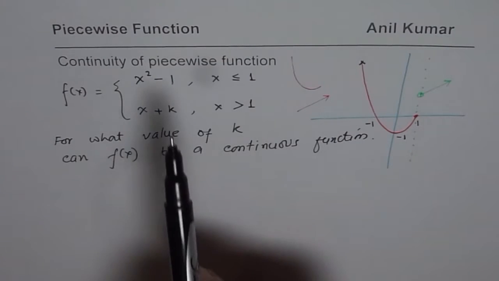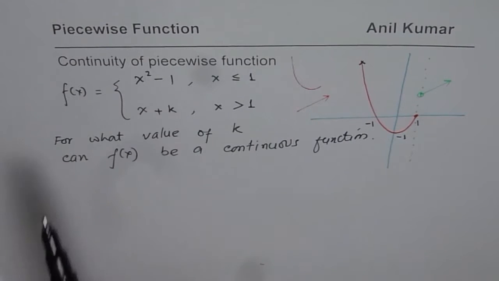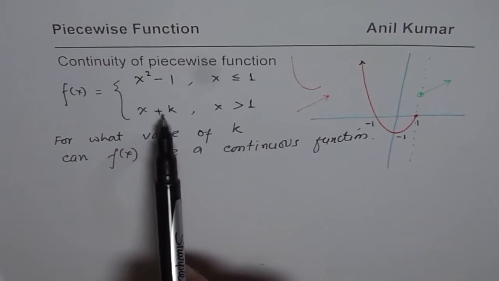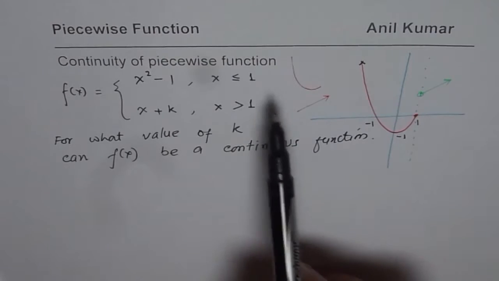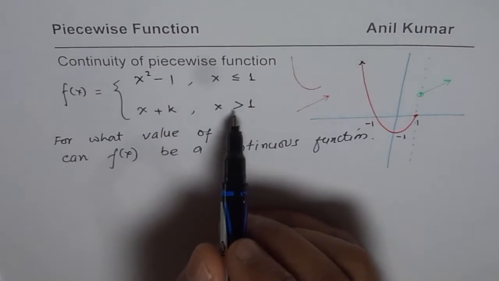So now, as you can see, x squared minus 1 is a parabola which is continuous. X plus k is a line which is continuous. So the only point where they could be discontinuous is at x equals 1, right? So to make them continuous, the important thing is that the function should have the same value at 1, right?